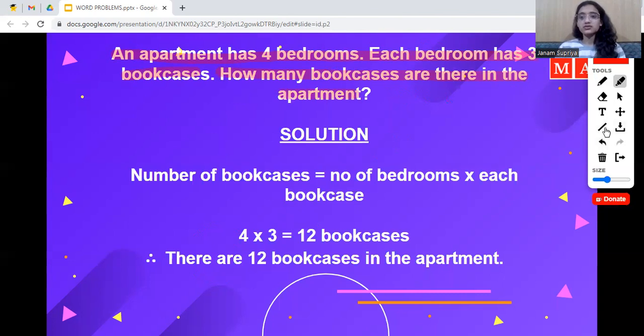Let's consider an apartment that is divided into 4 bedrooms: 1, 2, 3, and 4. Each bedroom has 3 bookcases. Suppose a single line represents 1 bookcase.